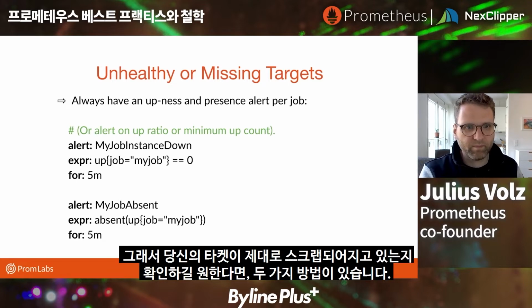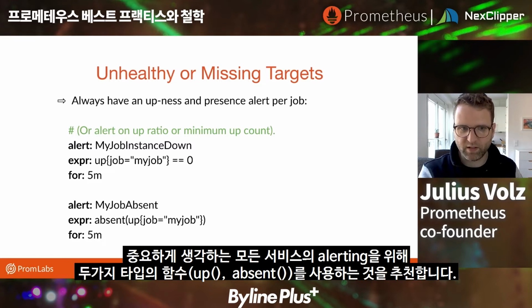So basically you want to check that your targets are really being scraped properly. And there are 2 different things you want to check here. For every service that you really care about, I would recommend you have these 2 types of alerts, or for each job, let's use that terminology.